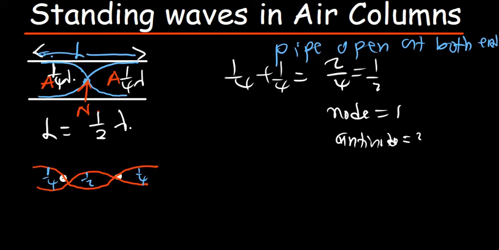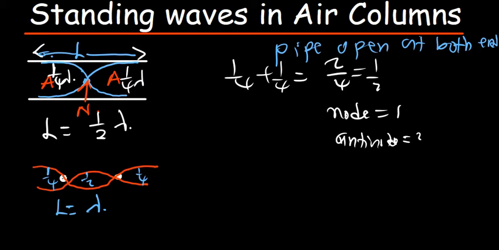So this and that give me half, and half plus half is 1. This is the same as 2/2, or L is equal to lambda.